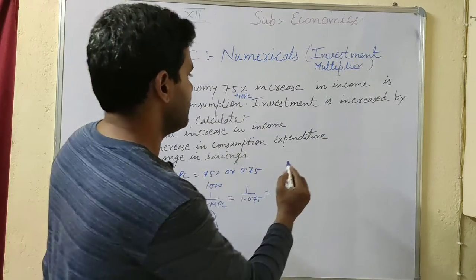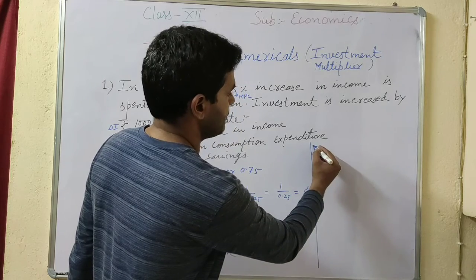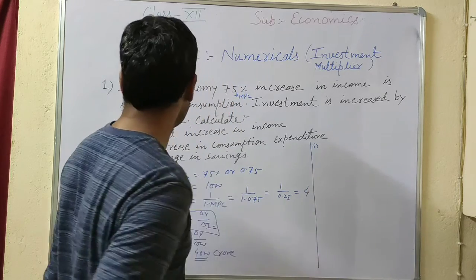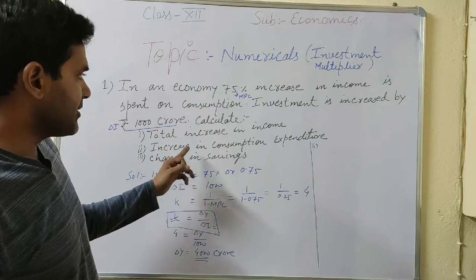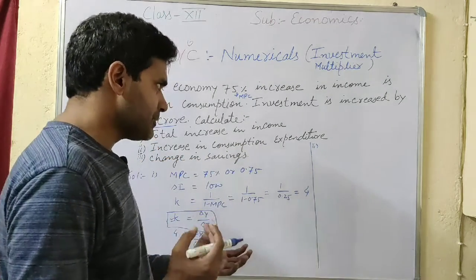Now we will deal with the second part of this question. What is it asking? Increase in consumption expenditure. How do we denote it?